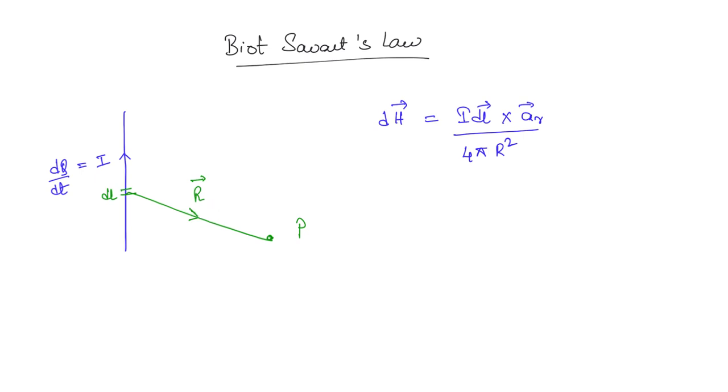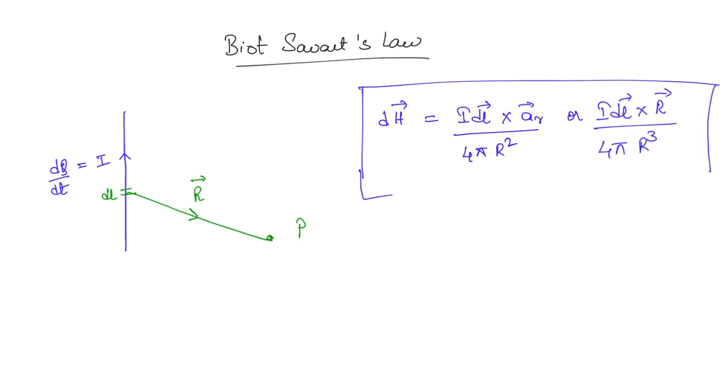So this you can also write as I dl bar cross r bar divided by 4 pi r cube. Okay, so this is called the Biot-Savart's law.